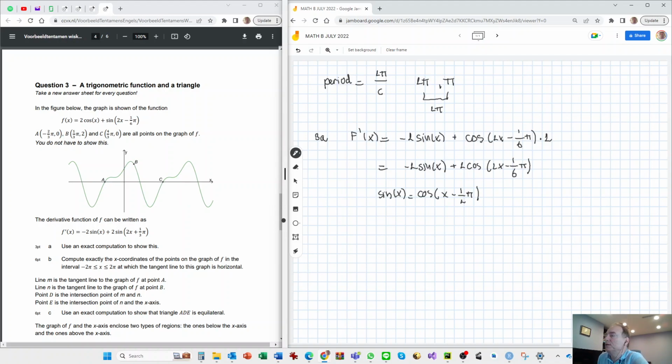Okay, so then we apply this here. So we have a cosine of 2x minus 1/6 pi.